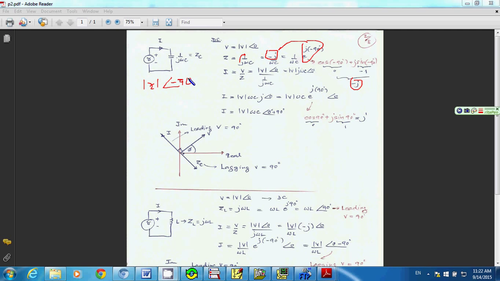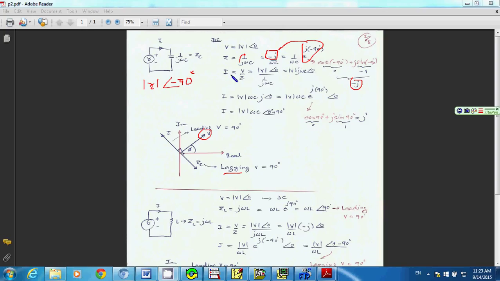So you can see that the phase of your impedance is lagging the phase of V. You have the phase of V here, but the phase of the impedance of the capacitor is negative 90 degrees, so it's lagging or behind the phase of the voltage. That's how you end up with a lagging phase of 90 degrees.